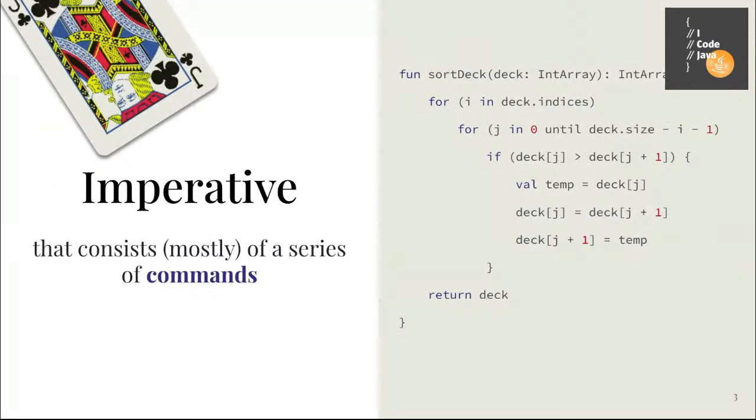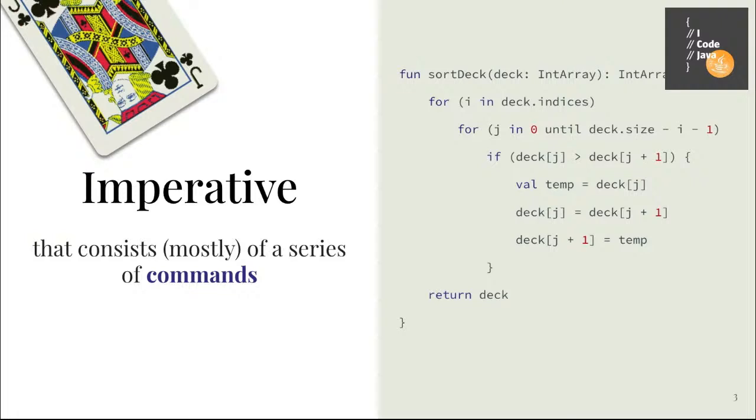So let's start off with imperative. So what is the definition of an imperative language? The definition is that it consists mostly of a series of commands. Okay, so a bash script, imperative, probably. So on the right-hand side there, you'll see I have a sample of a function that has some imperative code in it. It's Kotlin.